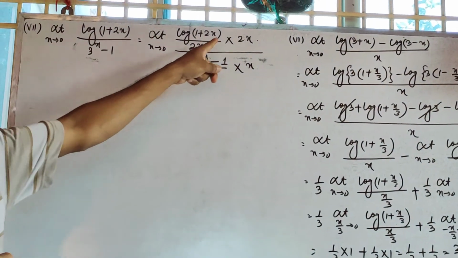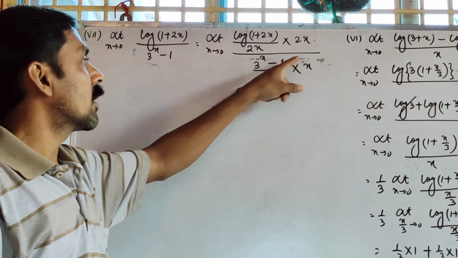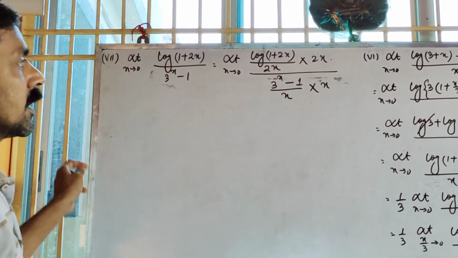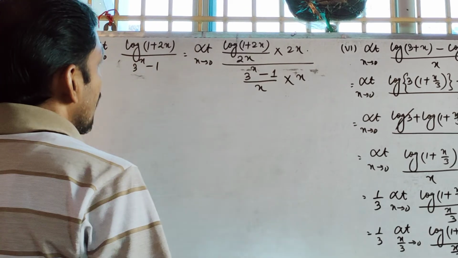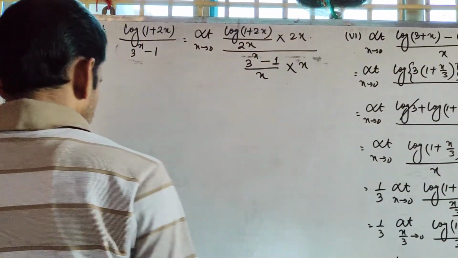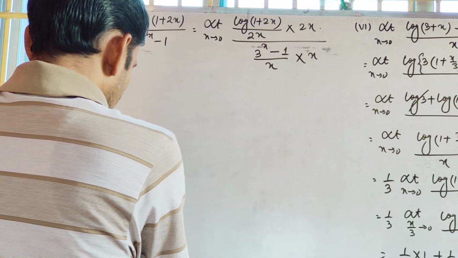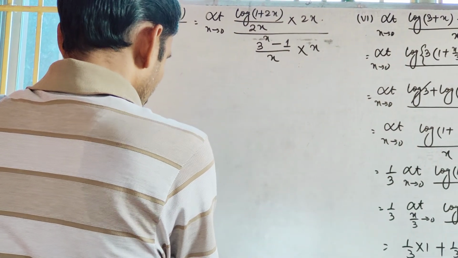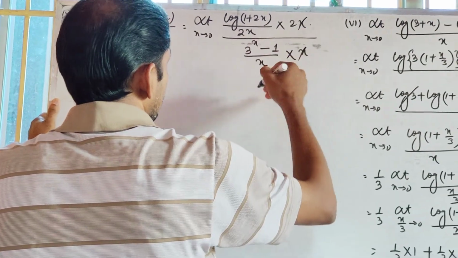Means in the numerator you multiply and divide 2x, and in denominator you multiply and divide x. Now here x will be cancelled.